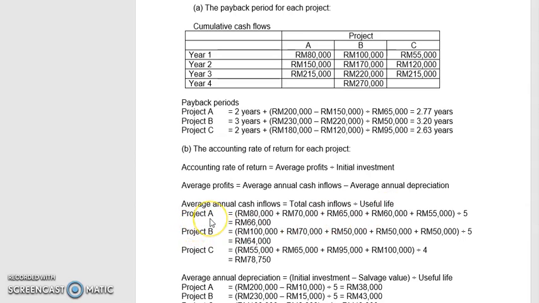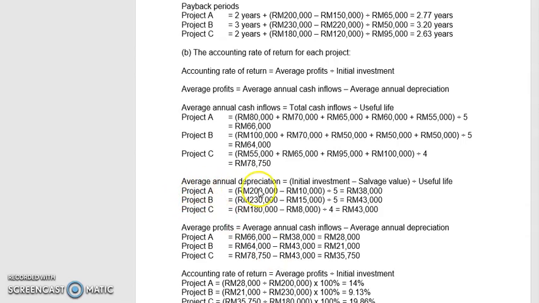So for project A, we put all this information that is given in the question, and we divide by the useful life. So we get the answer 66k, and for project B 64k, and for project C 78.75k, right?